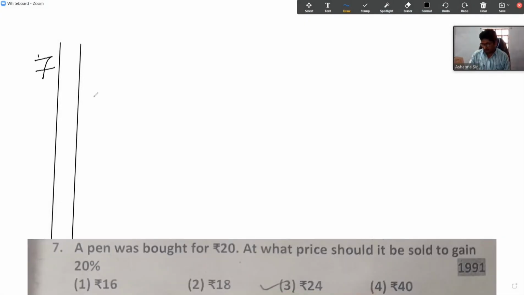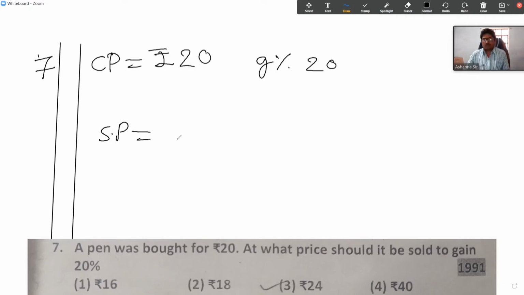Seventh problem, a pen was bought for 20 rupees. At what price should it be sold to gain 20%? So here cost price 20 rupees and gain percent 20. What is the selling price? Selling price is equal to cost price into 100 plus profit percent by 100.